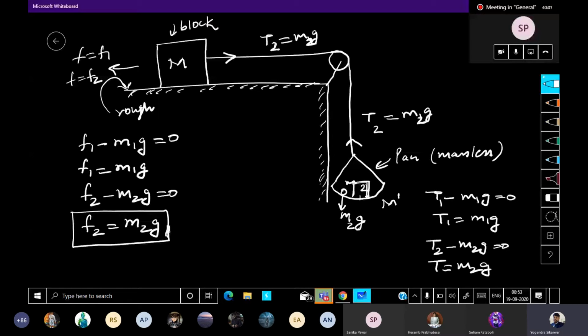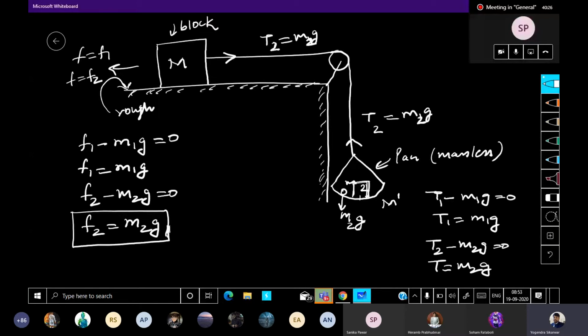So what we are observing in this whole exercise is that the friction is changing its value from 0 up to a certain extent, but not beyond that.